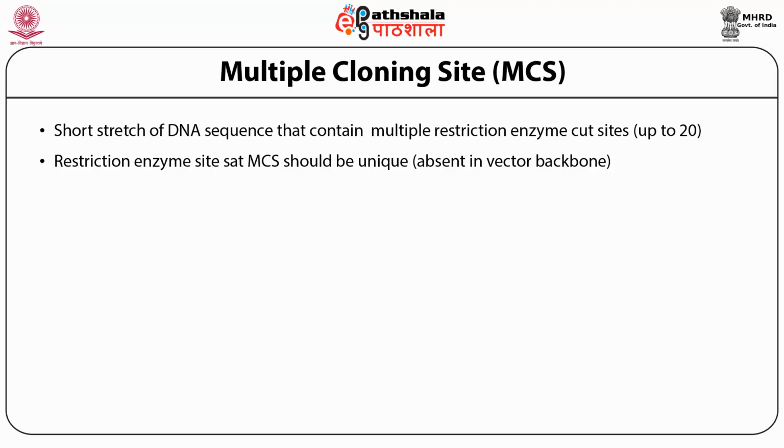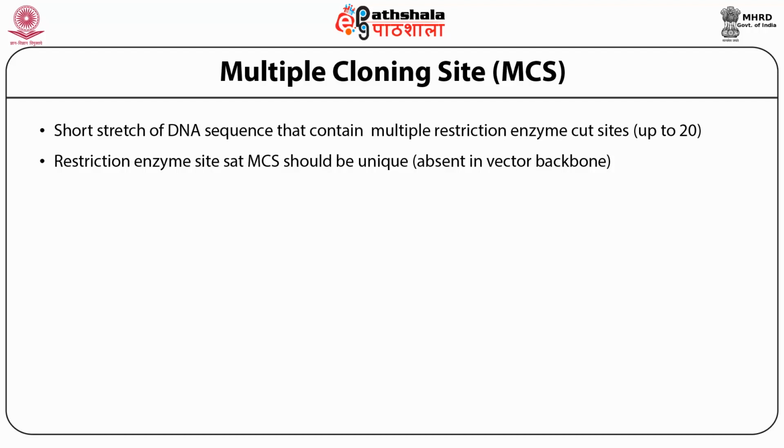That means the restriction enzyme sites which are going to be used for cloning purposes should not be present in the vector backbone, because in case we want to insert our gene of interest with specific restriction enzyme site that is present in the vector backbone, and we digest our vector to linearize it, instead of getting one fragment, we will get 2 or 3 fragments depending upon number of restriction enzyme sites present in the vector.